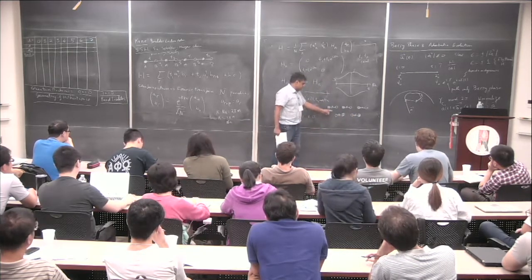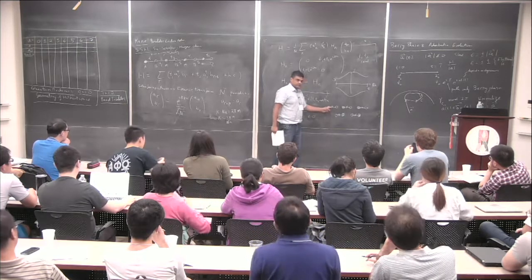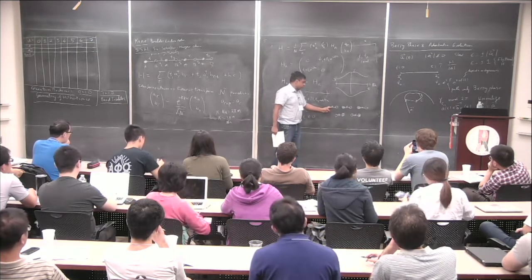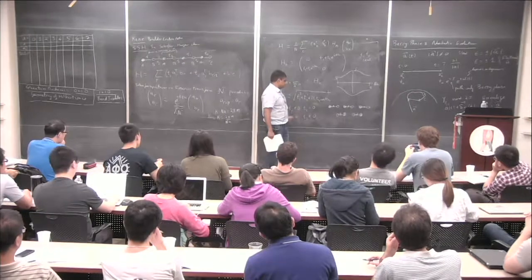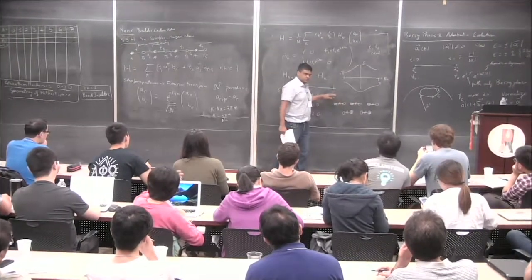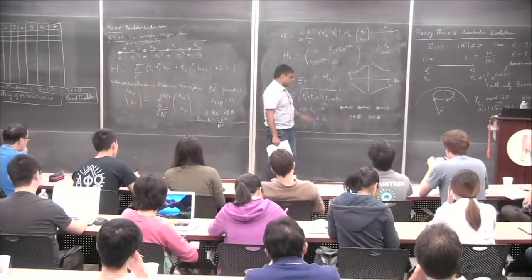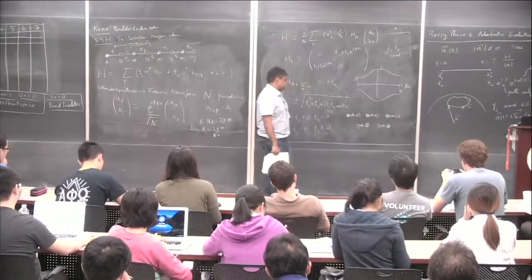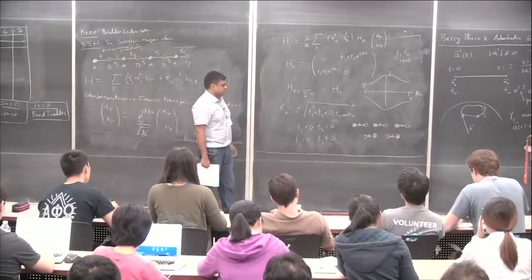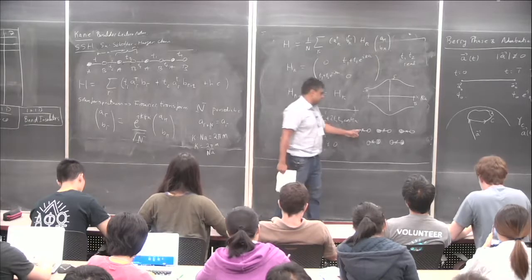So this is an extreme limit where the electron is literally sitting on this site at this point. If you move away from this limit where one of them is 0, there'll be a spread of this wave function. It'll be exponentially localized, but it won't be this very tight picture, but the center will be on this site or this one.